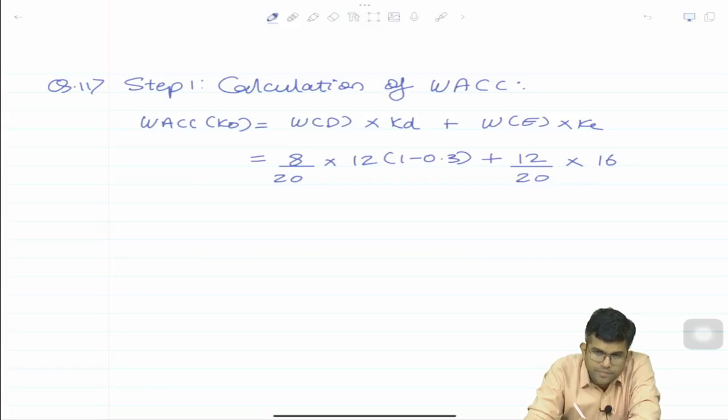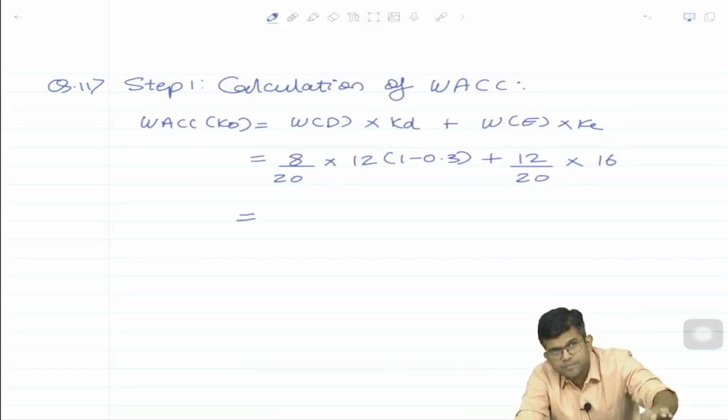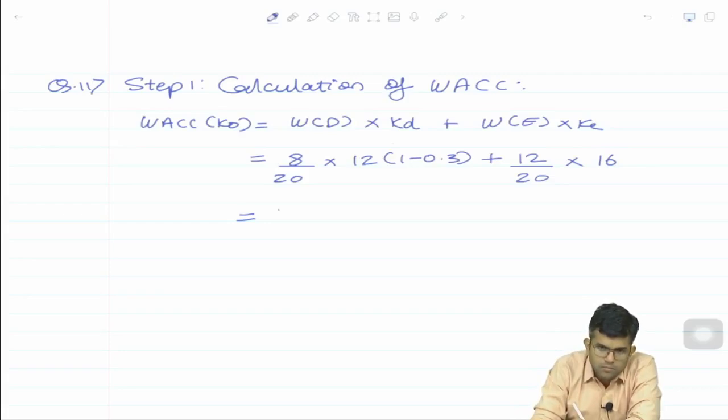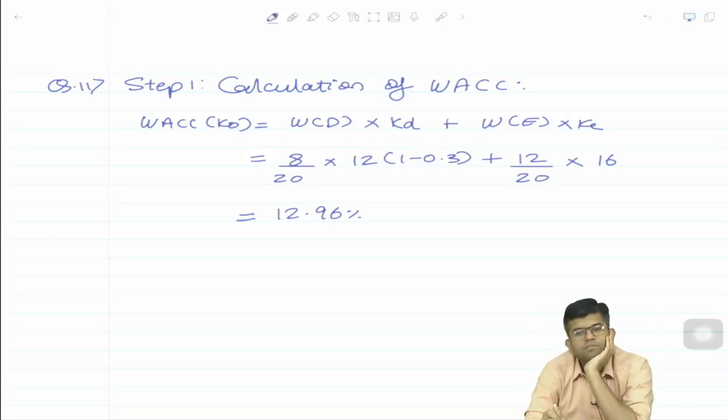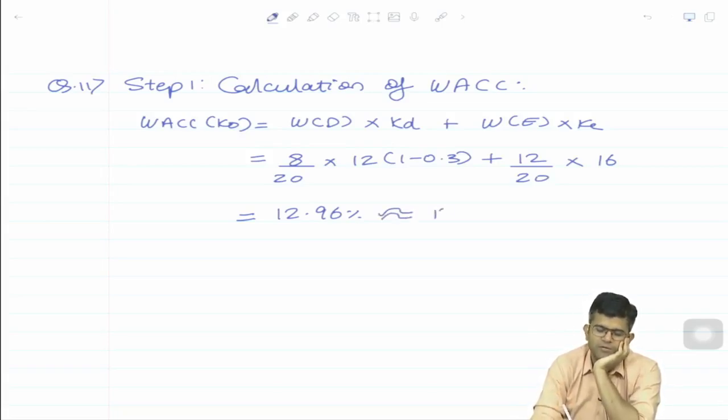If you solve this, you get 12.96. ICAI has rounded it off to 13%.